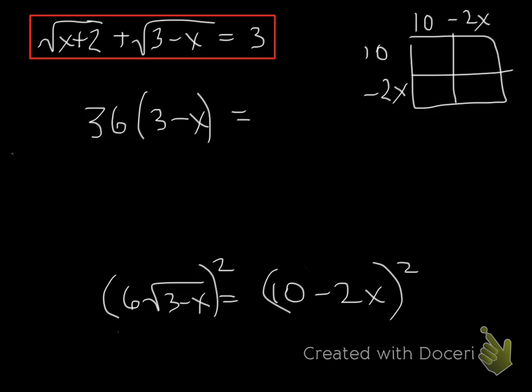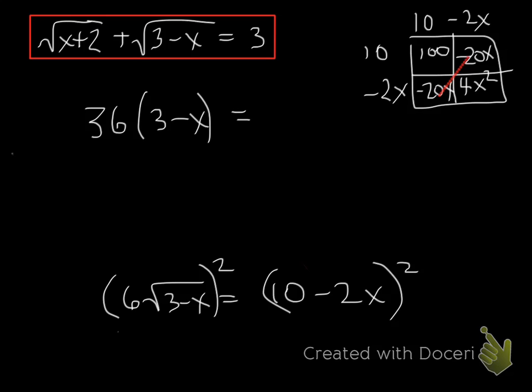I'll illustrate that again. Perfect square, so the length and the width are the same. So when you go to FOIL it, or expand it, 10 by 10 is 100. And the last term, negative 2x by negative 2x, is positive 4x squared. And the two middle terms are negative 20x each. So when you combine those, you'll get negative 40x.